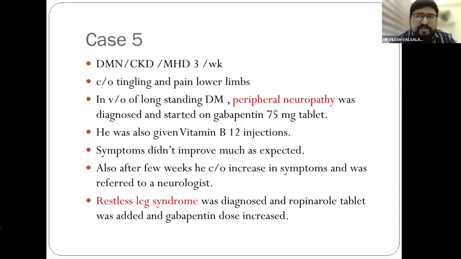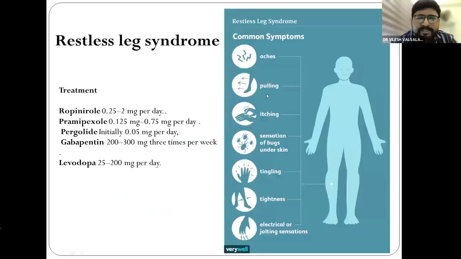For all of you who have not been able to attend the neurological complications of dialysis class, in restless leg syndrome the patient finds the presence of aches, something pulling in the legs, some sort of itching in the legs, a sensation of bugs under the skin, like worms walking under the skin, a tingling feeling, tightness, and electrical sensations. These symptoms, one or together, explain restless leg syndrome.